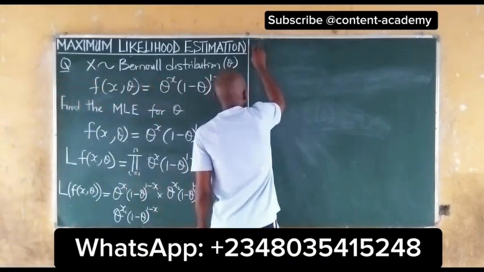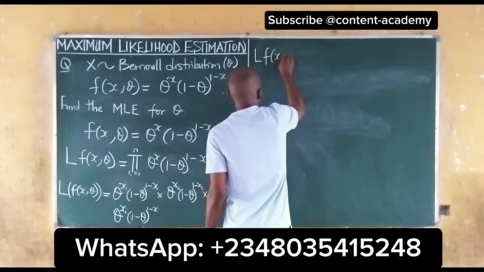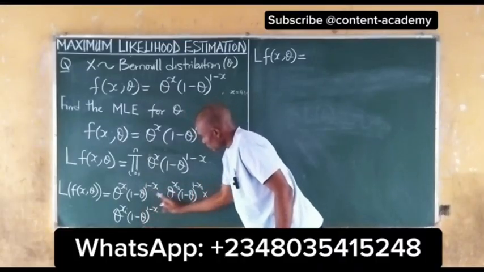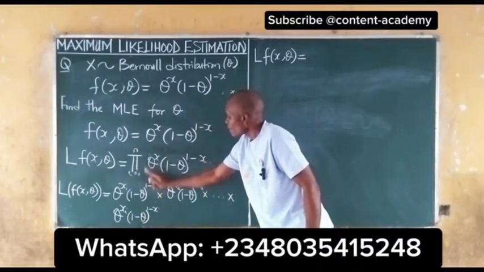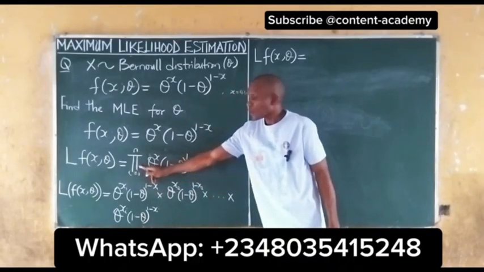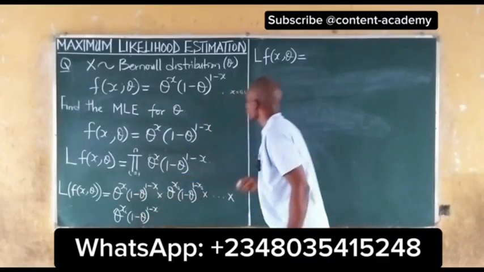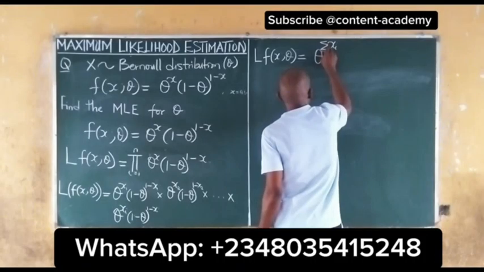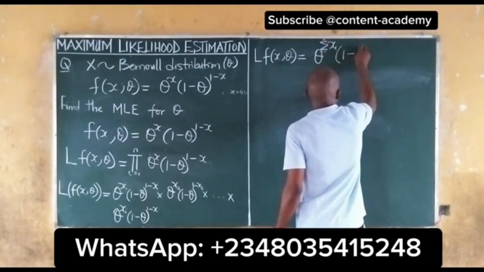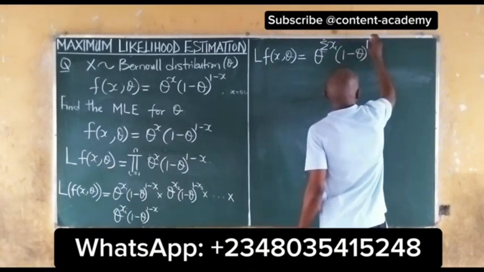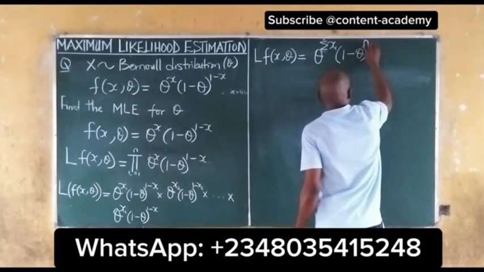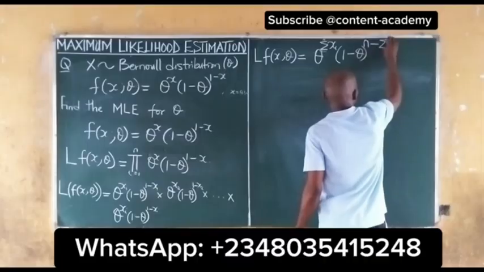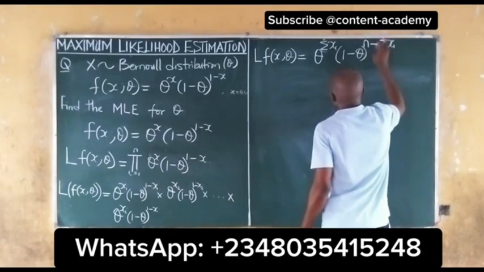It then means that our likelihood function for the given distribution, with parameter theta, can be written as theta to the summation of xi, as i goes from 1 to n, into 1 minus theta to the n minus summation of xi, as i goes from 1 to n. Here the 1 becomes n, because if you take the product of a constant, you get that constant to the power n.